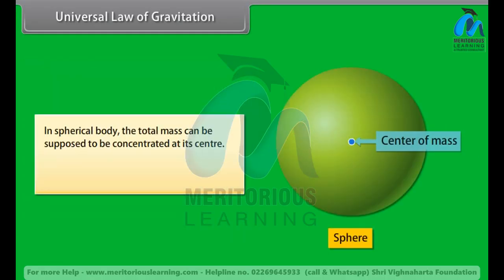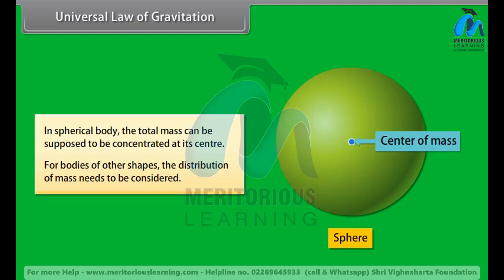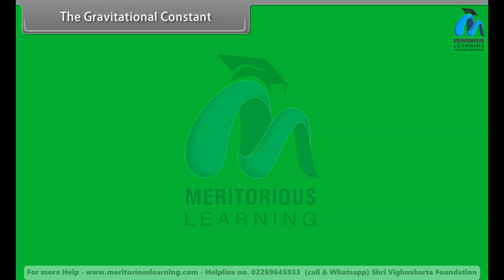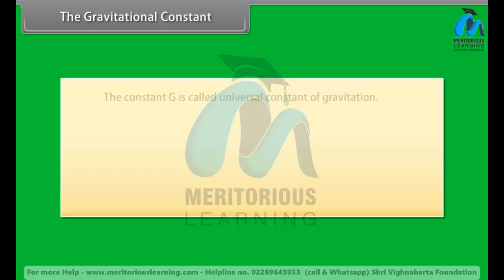In a spherical body, the total mass can be supposed to be concentrated at its center. For bodies of other shapes, the distribution of mass needs to be considered. The gravitational constant. The constant G is called the universal constant of gravitation.